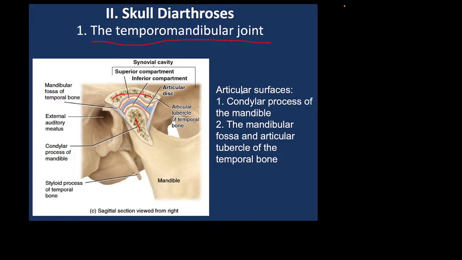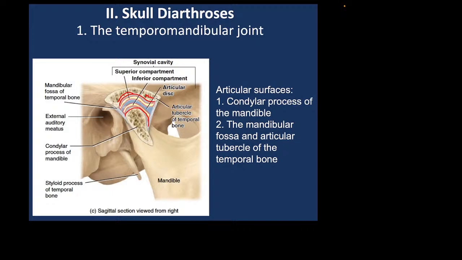And here you see the articular surfaces. The first one is the condylar process of the mandible, and the second, upper surface is the mandibular fossa and articular tubercle. So there are only two articular surfaces in the temporomandibular joint.